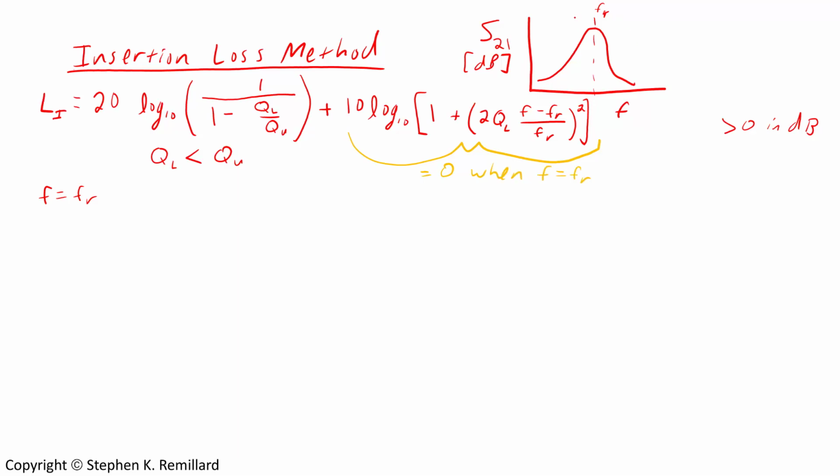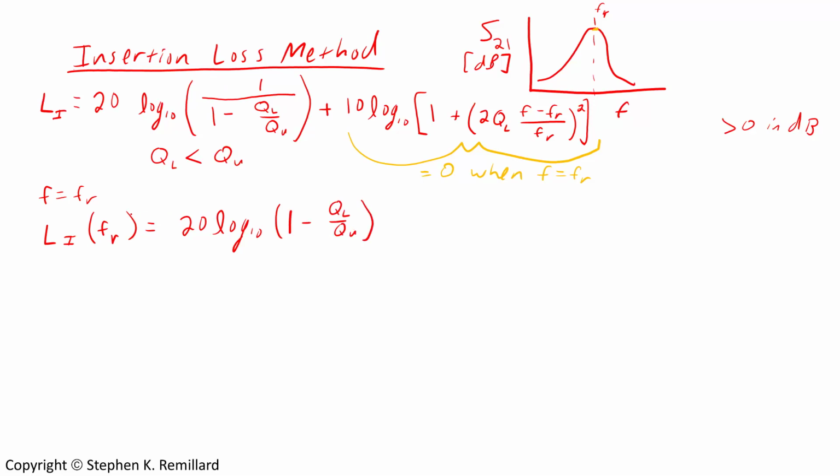Well, good. Then what you do is you measure the insertion loss at resonance and immediately calculate the ratio of loaded to unloaded Q. The insertion loss at resonant frequency is 20 log base 10. To make things less tedious, I'm going to invert the argument inside the logarithm.